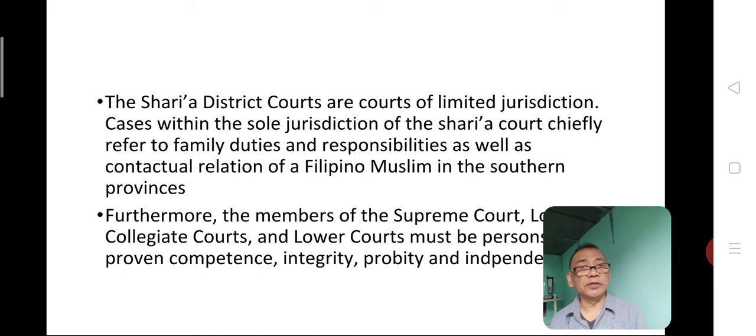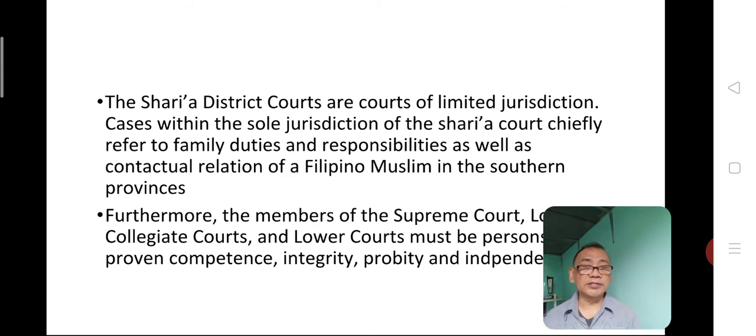Bakit mayroong separate court ang Muslim, which is the Sharia. Okay. Merong court sila or special court na ganito kasi they have their belief.